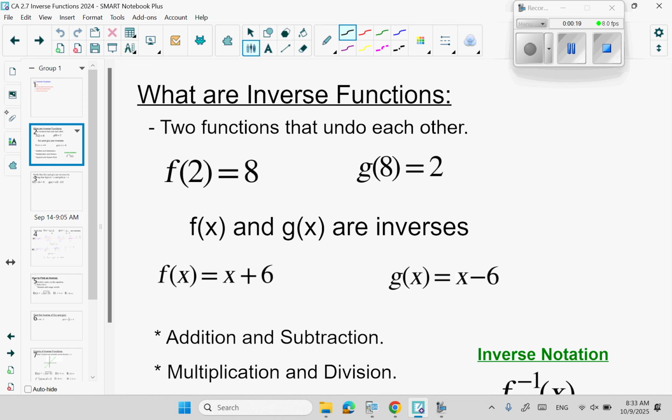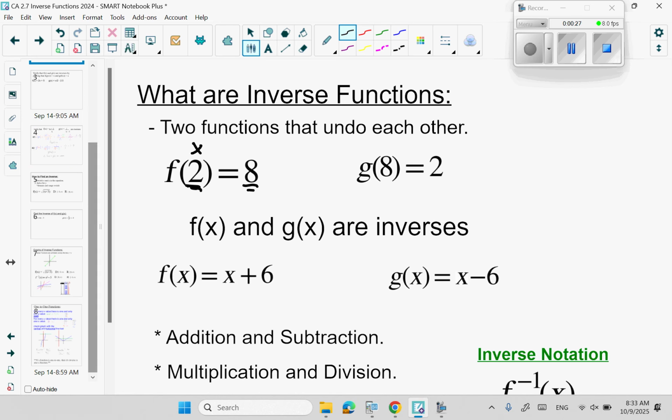So we've talked about f of x, so this is the x coordinate being replaced with a number. This over here represents the y coordinate. So this has the coordinate 2, 8 inside function f, where here this would be the opposite, 8, 2. So for inverses, the domain and the range will swap.